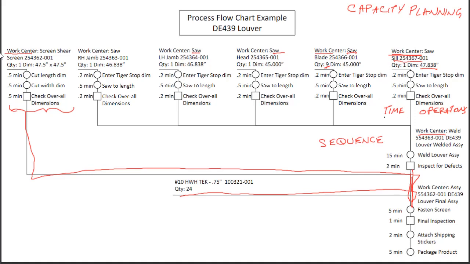It shows your time, so you can capacity plan. And capacity planning is how many hours are available on that machine in a day? How long does it take to cut an order? And that is how much you can fit into one day. And then finally, it shows sequence.